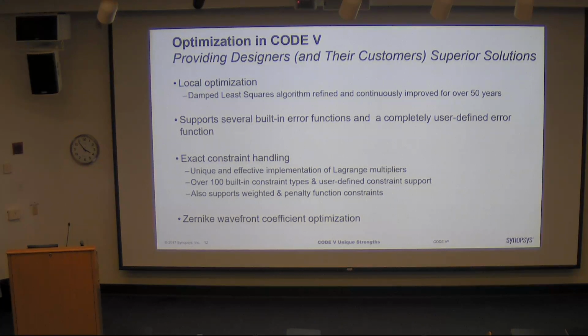Basically, think of it as mountains and valleys. If I sit on the side of a mountain, what I want to do is to change the parameters to get to the bottom of a valley. That is a smaller spot size, which generally is better, and that is what local optimization is all about.